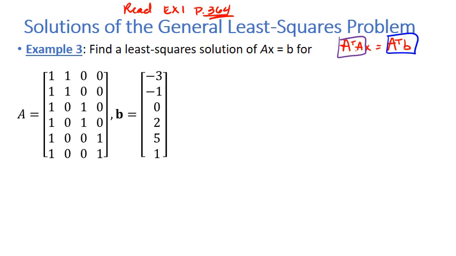If I want to find ATA, then I find the transpose of this matrix and multiply it by matrix A. And that gives me the following matrix.